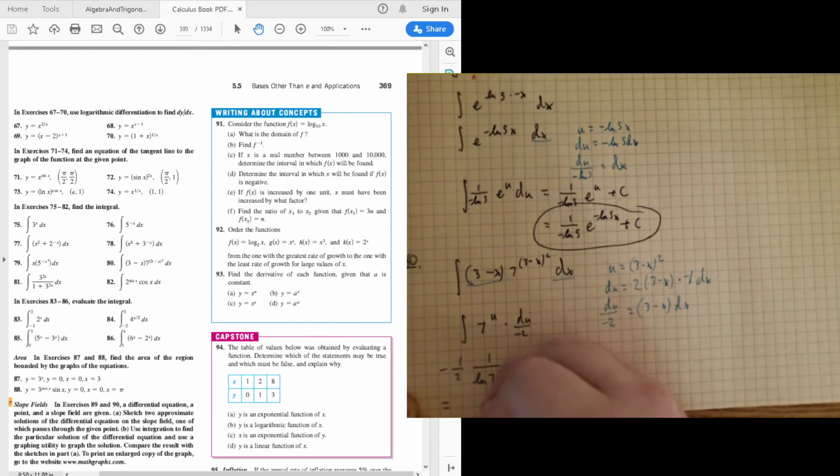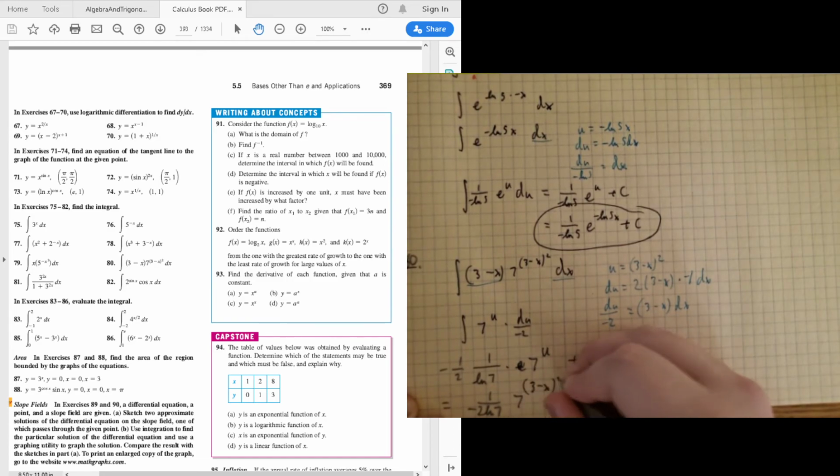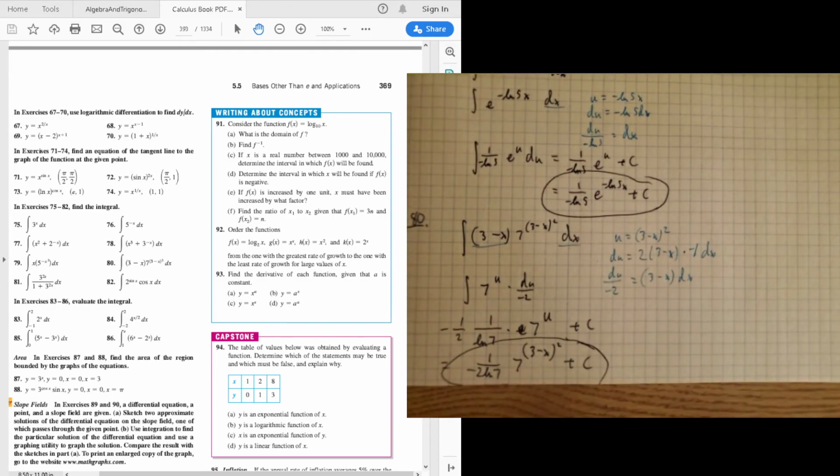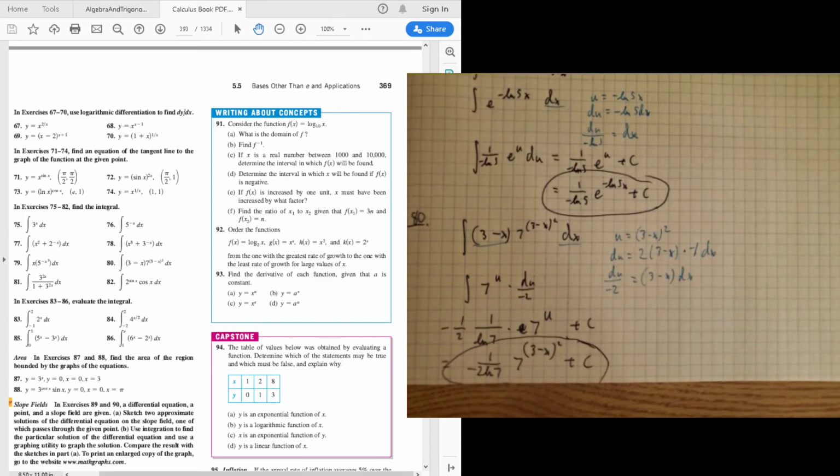This becomes 1 over negative 2 ln of 7, 7 to the 3 minus x squared power plus c. And there we'd have it. Just a combination of substitutions, just like you would see in any other problem in this section.